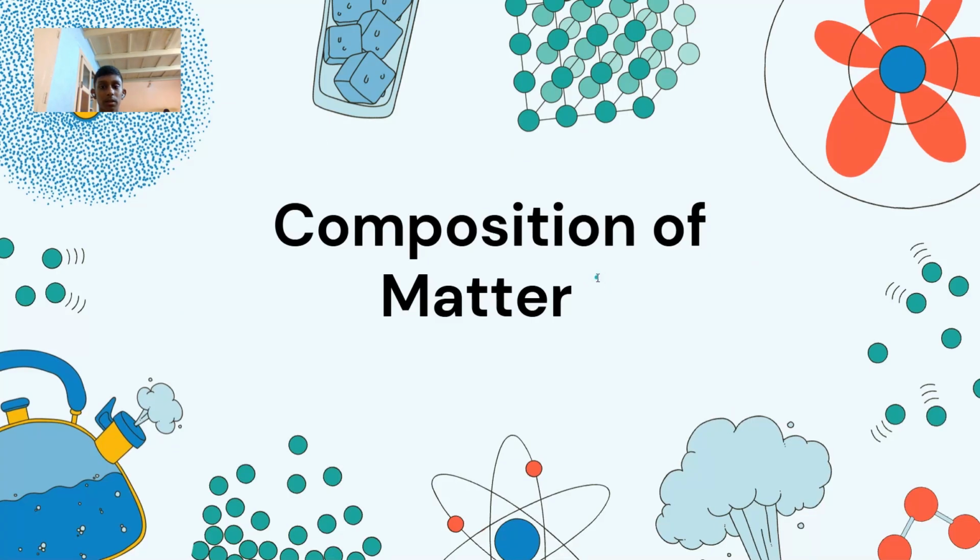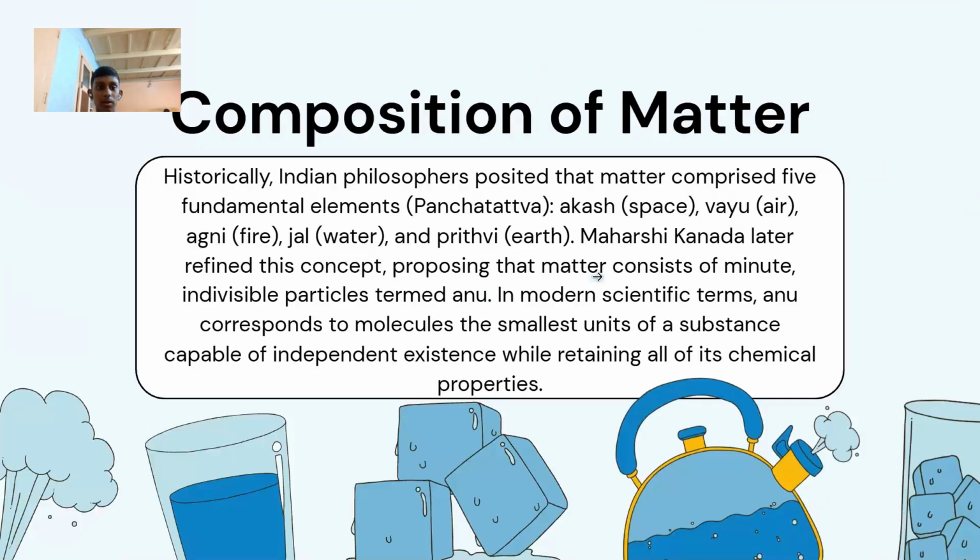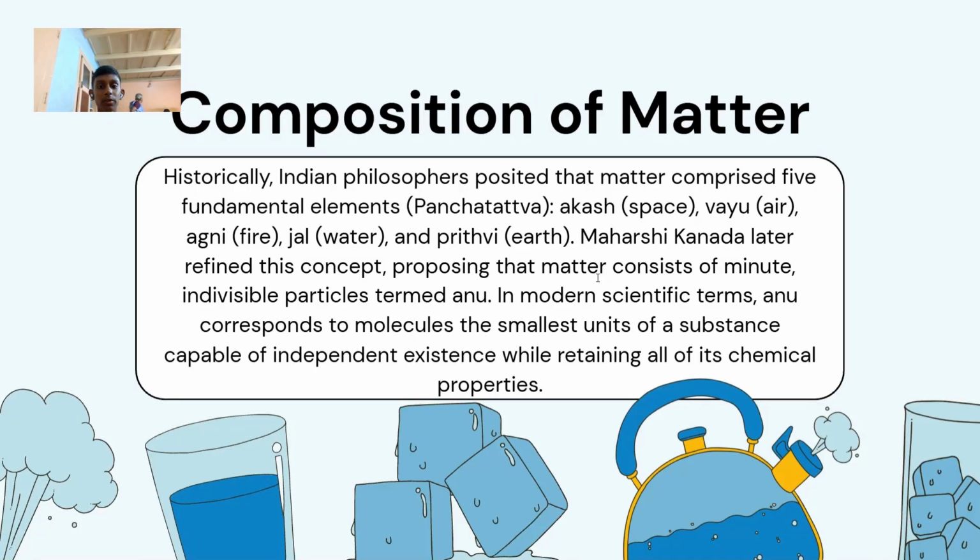Composition of matter. Now, let's examine the historical and modern composition of matter. Historically, Indian philosophers posited that matter comprised five fundamental elements known as Panchatattva: space, Akash; air, Vayu; fire, Agni; water, Jal; and earth, Prithvi.